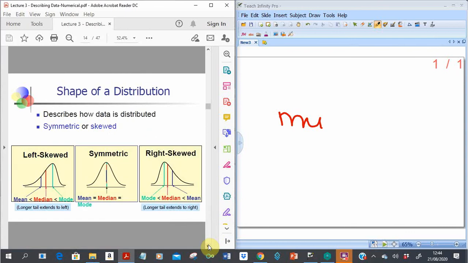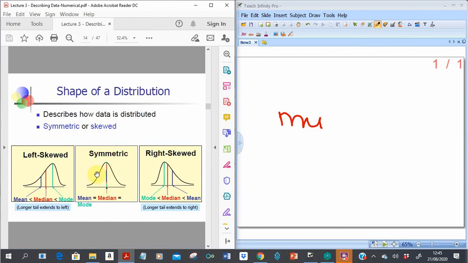We now move to the shape of a distribution. Given any data set, you'd want to know how the distribution is shaped. So we now talk about skewness. If you have a data set, say on a bar graph, and you have a longer tail on the left, then all the smaller values are on the left, and you say that your data set is left skewed.